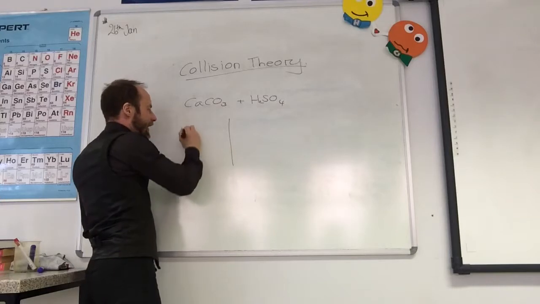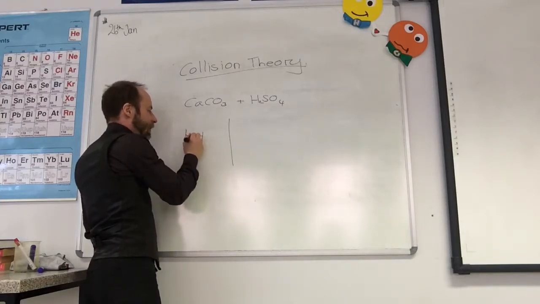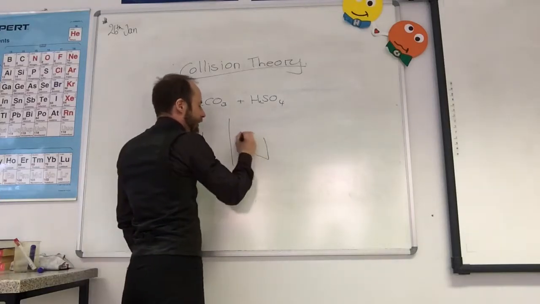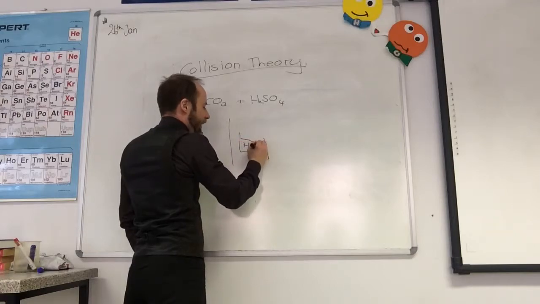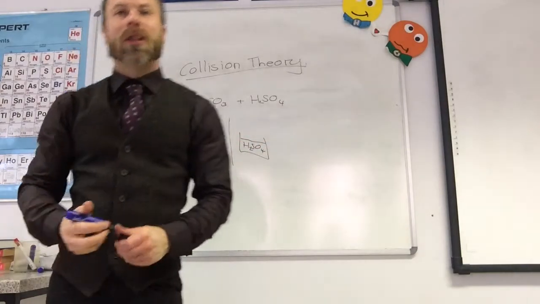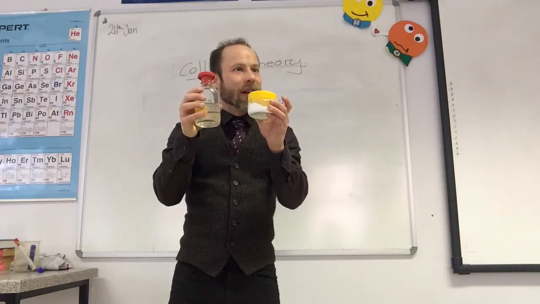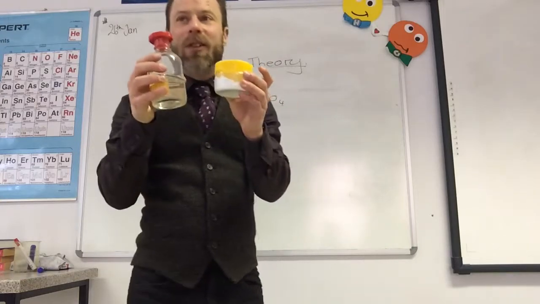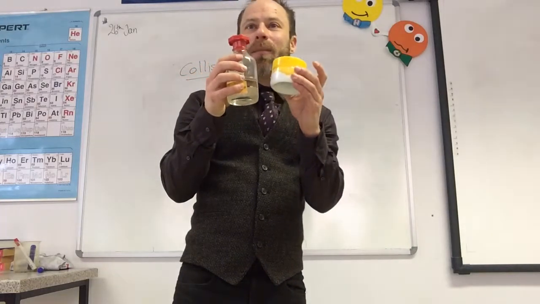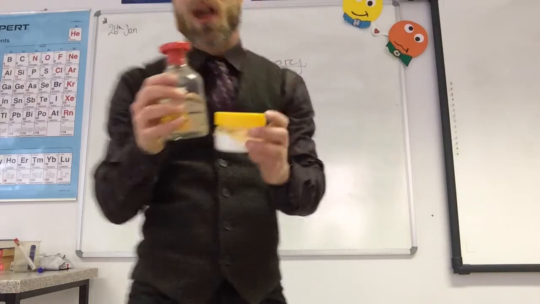If I keep my calcium carbonate in one container, and in a different container I keep my sulfuric acid, not a lot's going to happen, is it? If I got them over here, not a lot's going to happen, they can't meet. In order for them to meet, the first thing I have to do is mix them together, and then the particles actually have to collide.